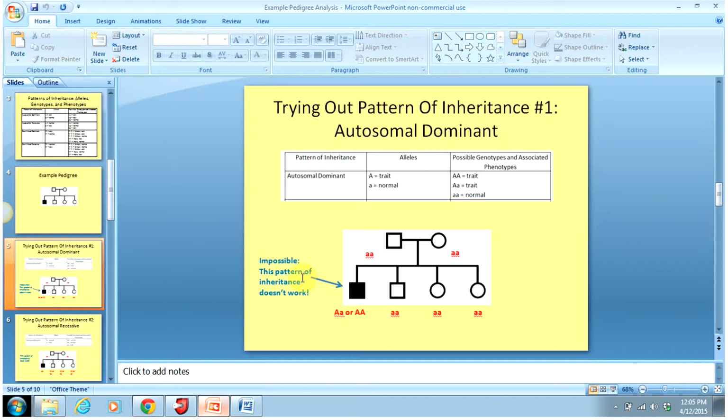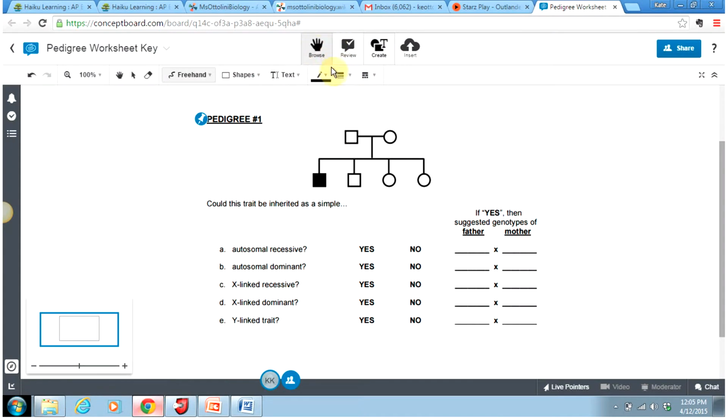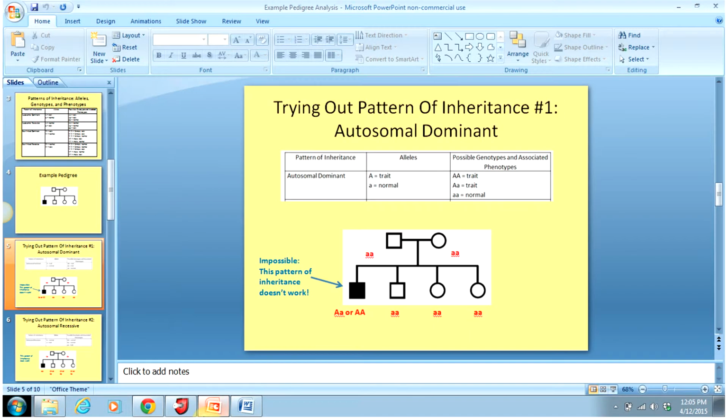It doesn't work. So for autosomal dominant, on your worksheet, you are going to circle no for the autosomal dominant pattern of inheritance. If you circle no, you do not need to fill in the genotypes of the father and the mother, these individuals right here.